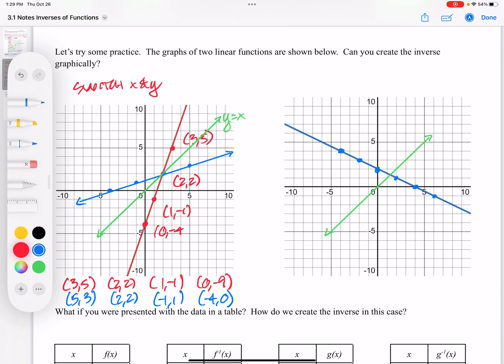I'm just going to check the diagonal distance. So I'm going to go directly perpendicular to get the distance from each of the points, and then I'm going to go that much on the other side. For this first one right here, it's 1 unit diagonally. So I'm going to go 1 more unit across and get to right there.